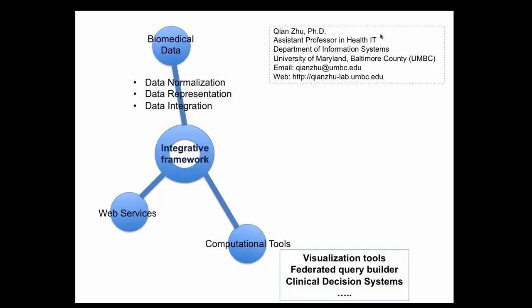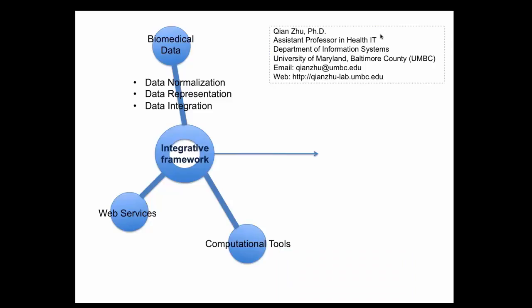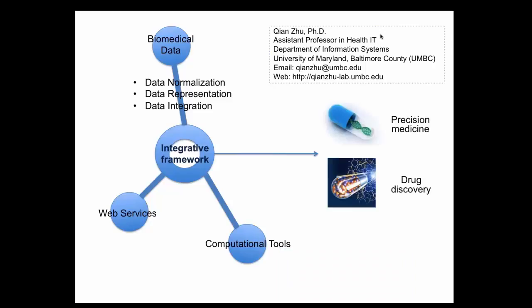On top of that, we are interested in creating clinical decision support systems that utilize all of this data and the services on top of this framework. Then we will be able to achieve two applications: precision medicine and drug discovery.